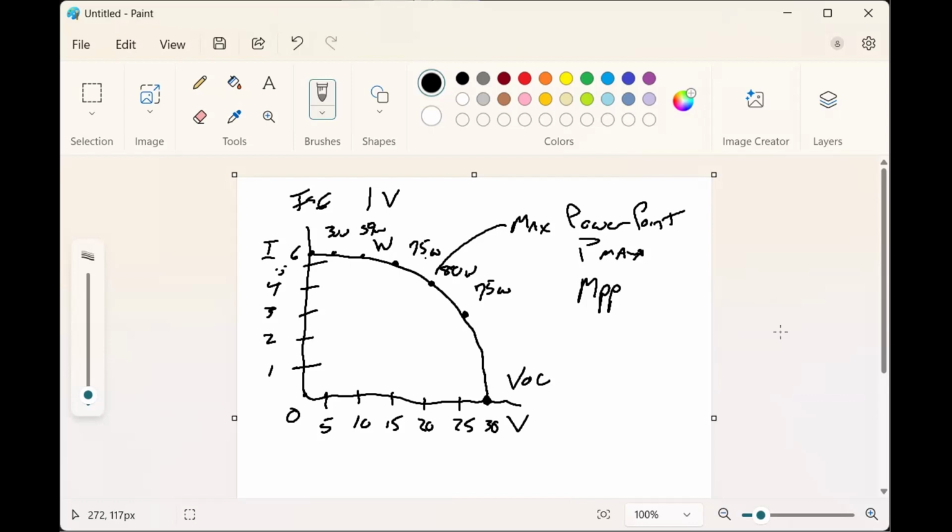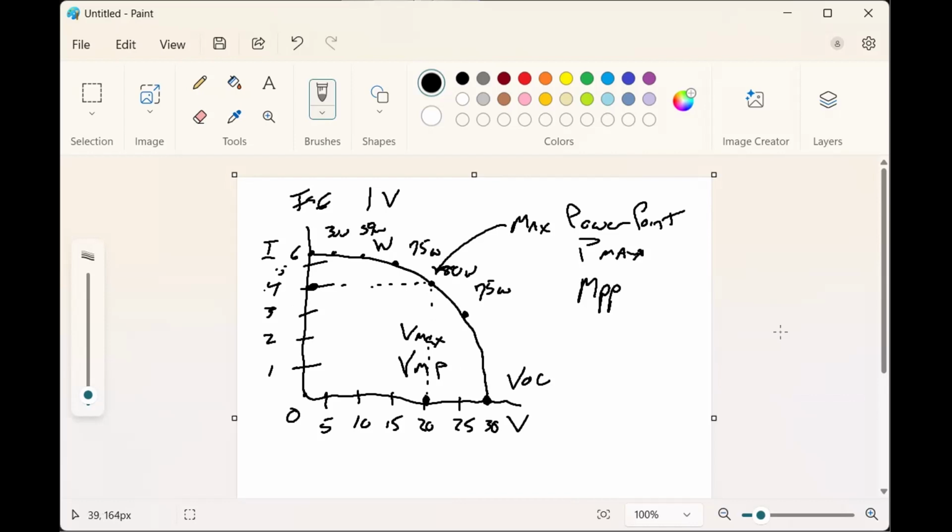All right, so then we've already identified what the maximum power point is. So there is a voltage associated with it, and there is an amperage associated with it. And the voltage is the VMP, the volts at the maximum power point, or sometimes they just call it Vmax.